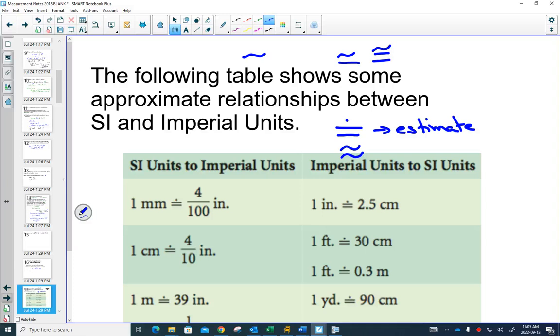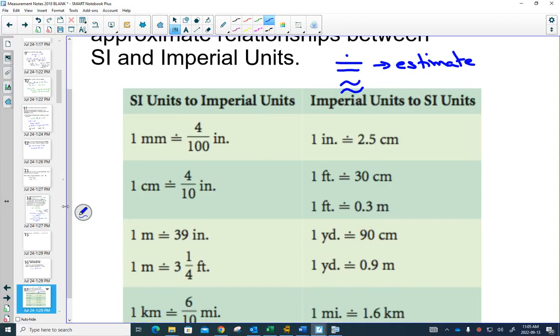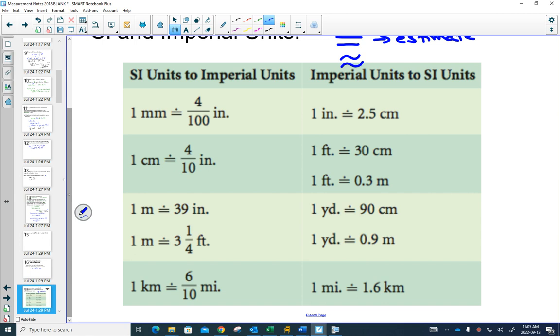So if you used 1 inch was 2.5, that's an approximation. Okay? It is better, and you'll see it on your formula sheet. And do I write the word exact beside all the ones that are exact on your formula sheet? Yes. Not on here, but on your actual formula sheet.